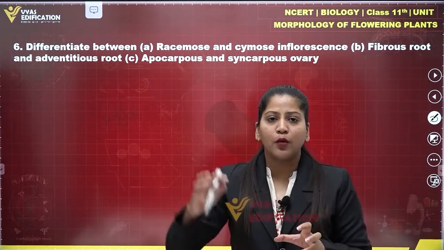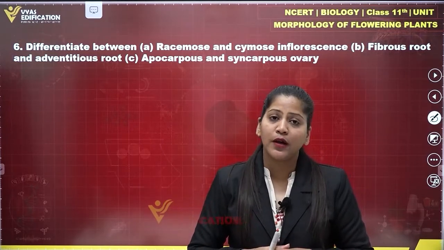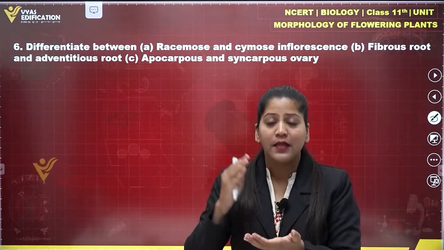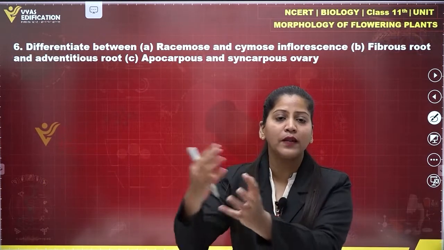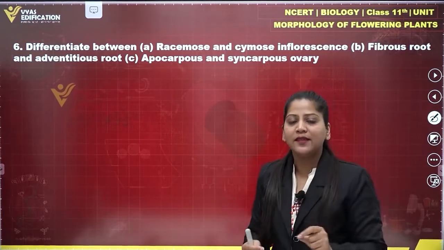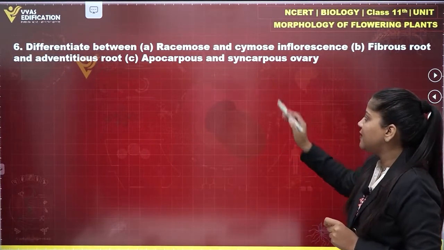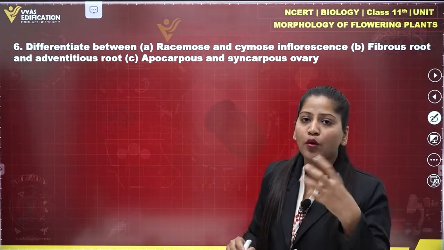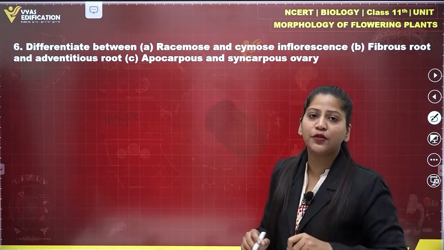Whenever we talk about apocarpous and syncarpous, we always have to remember that we are talking about a flower which contains more than two ovaries. Both have more than two ovaries, but what is the basic difference between these two?